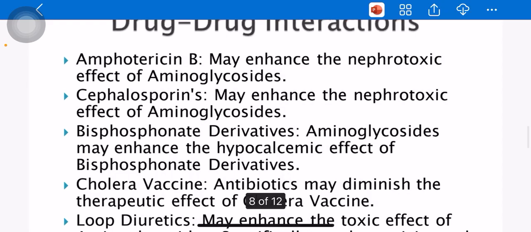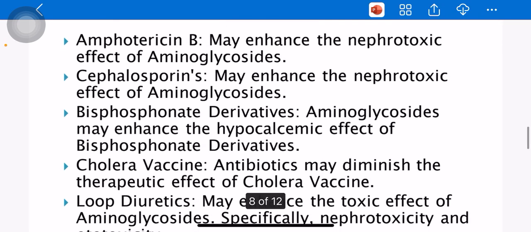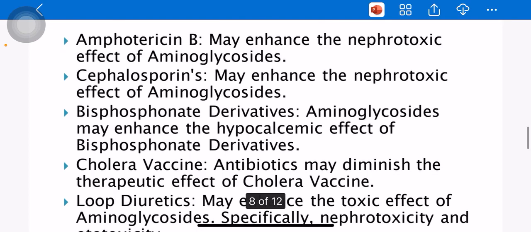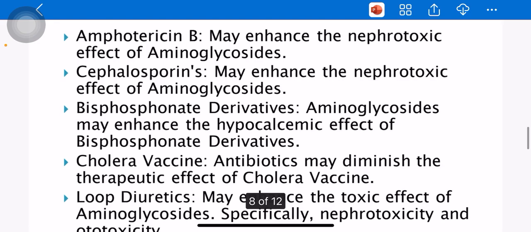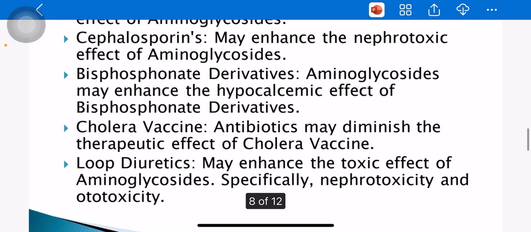Cephalosporins may also enhance the nephrotoxic effect of aminoglycosides, and also bisphosphonate derivatives, if given with aminoglycosides, may enhance the hypocalcemic effect of bisphosphonate derivatives, because bisphosphonates cause low levels of calcium in the blood, hypocalcemia, and aminoglycosides may enhance it.